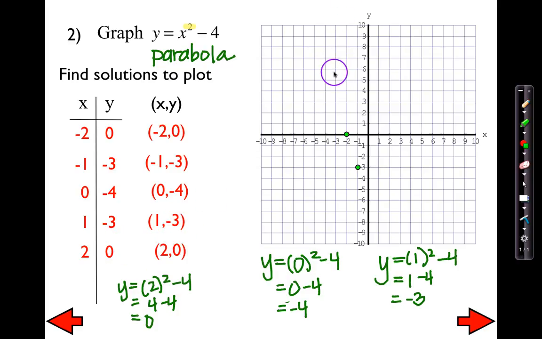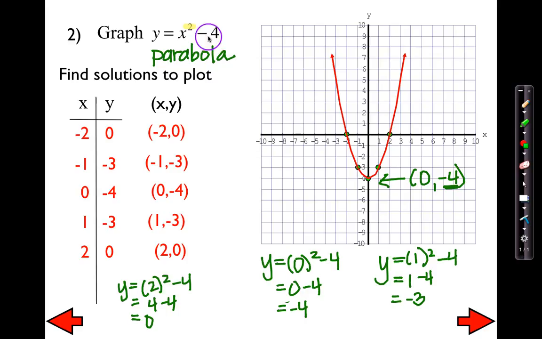Now I'm going to plot those points and then draw my graph. So notice here, it looks like almost the same exact shape as the last one. But the only difference is, instead of touching the y-intercept at (0, 3) like the previous one, this one's actually touching the y-intercept at (0, -4).